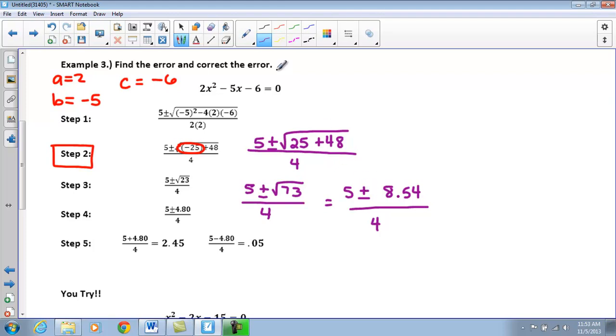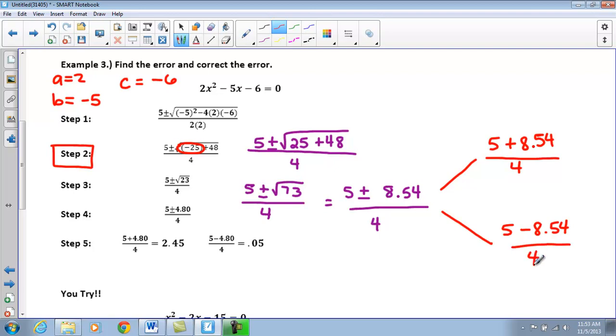So now remember, we have to split these into those two separate solutions for x. So I'm going to have 5 plus 8.54 over 4 and 5 minus 8.54 over 4. So I have 5 plus 8.54, which gives me 13.54 divided by 4. So x is going to be equal to 3.39.